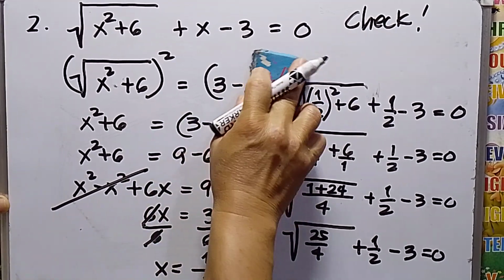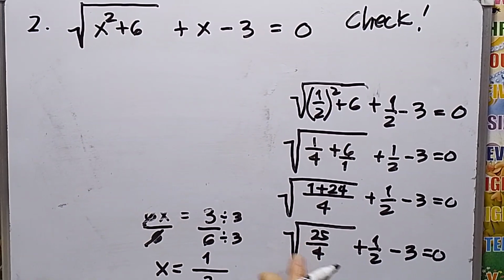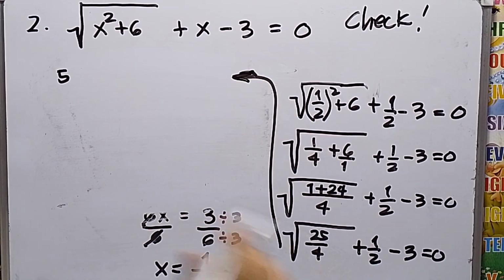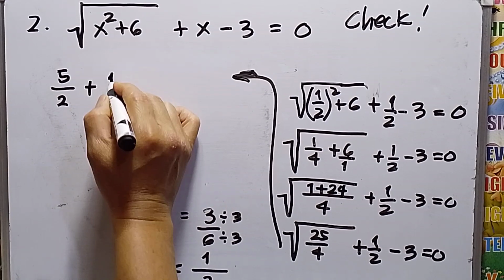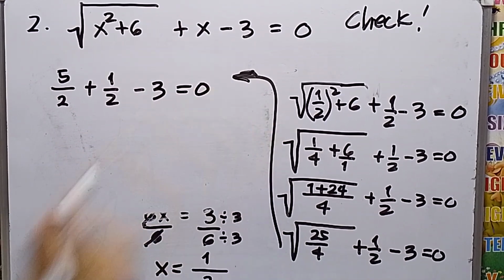So square root of 25 is 5, square root of 4 is 2. And then copy this one, plus 1 over 2 minus 3 is equal to 0.